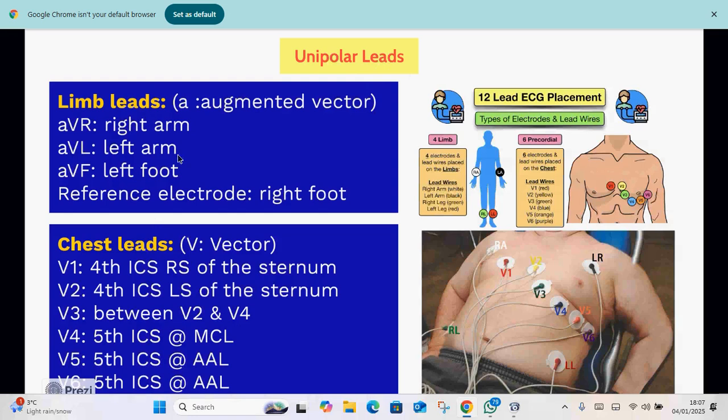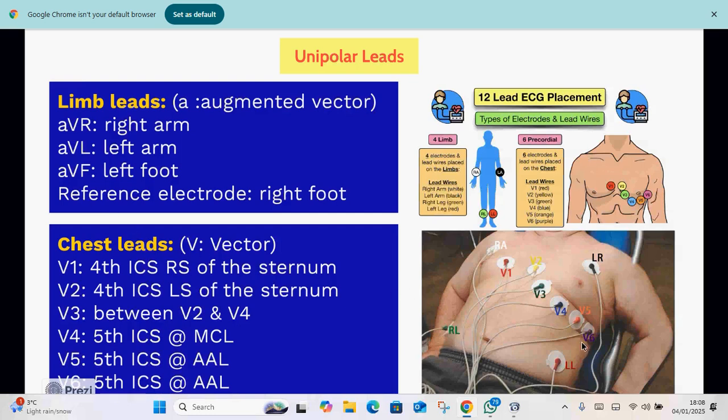The 3 limb leads are between the right arm and the inactive electrode, called VR, between the left arm and the inactive electrode, called VL, and between the left leg electrode and the right leg electrode, called VF.